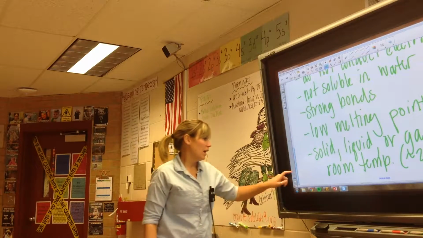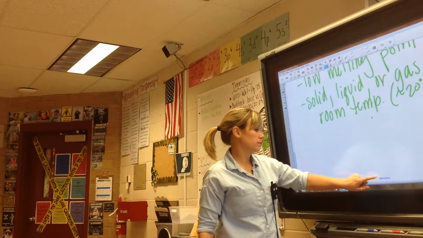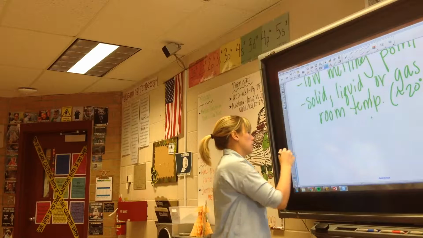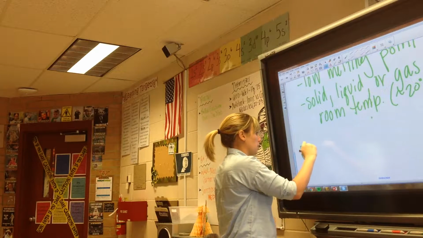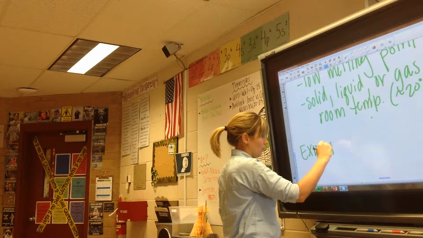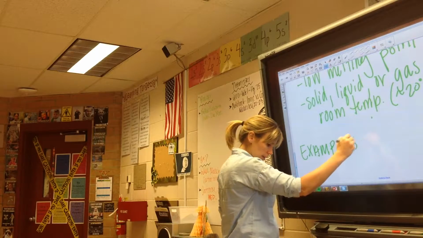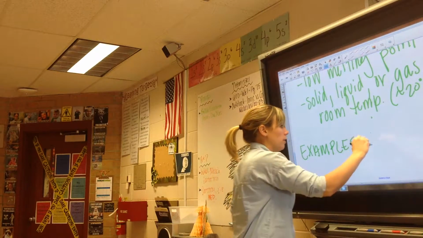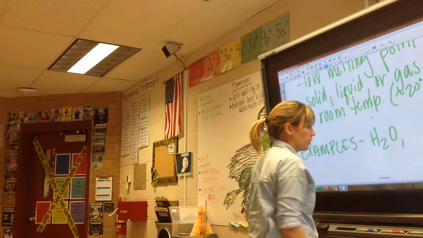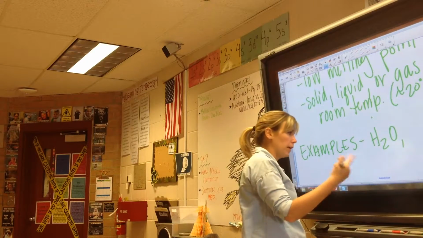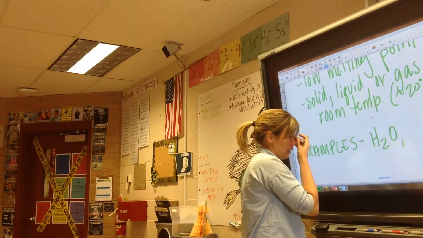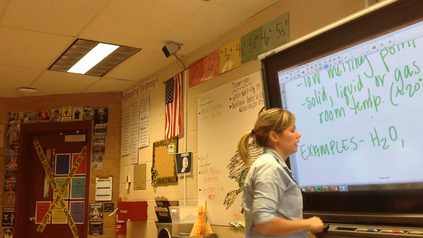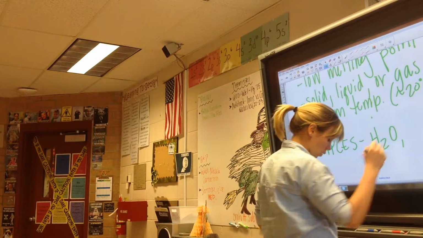All right. Some examples. These are some common ones you guys will see, but by no means are you limited to these. There's a lot of covalent compounds. Examples: we have water. Water can act as both, because it's sneaky like that, but based on how they share their electrons, it acts mainly as a covalent.